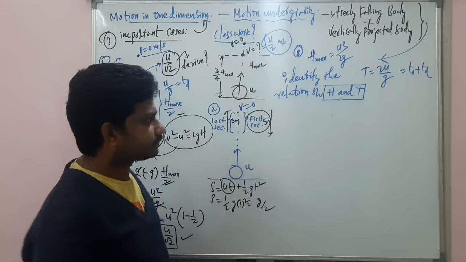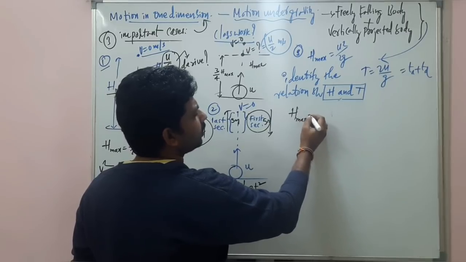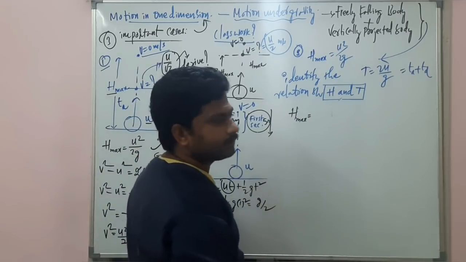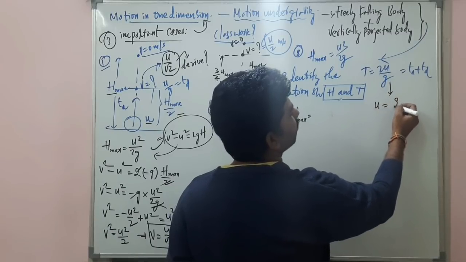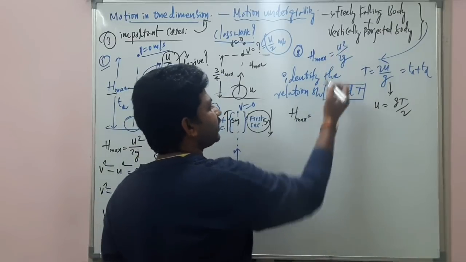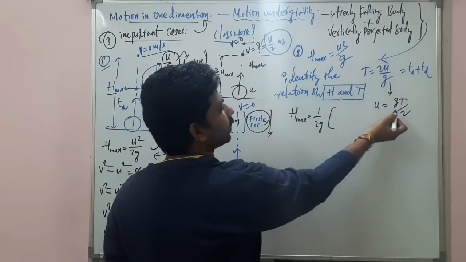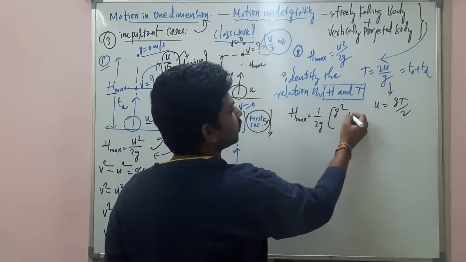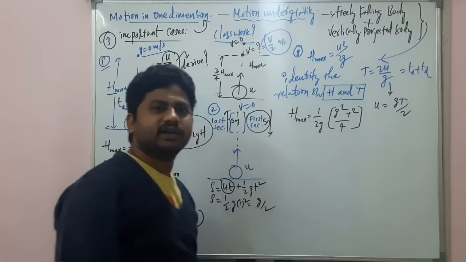So simple. H maximum is equal to u square by 2g. So from this, let's find out u. What is u? It's gt by 2. U square by 2g, that is 1 by 2g into u square. What is u square? G square t square by 4. See the simple expression we are going to find.